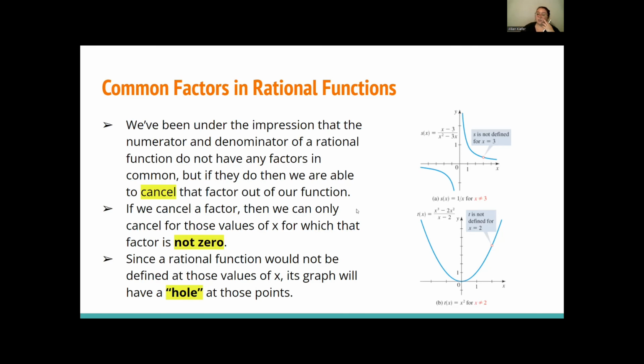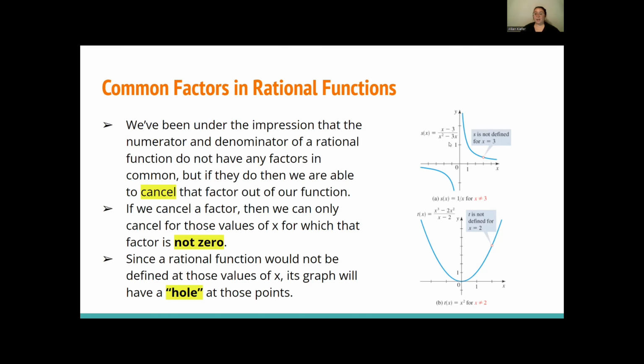So we have two examples here. Our first one, part A, we see that s of x is equal to x minus 3 divided by x squared minus 3x. If we had canceled out an x in the denominator, x minus 3 would have canceled in both terms. S of x would have been equal to 1 over x. But in the denominator, you canceled out x minus 3.